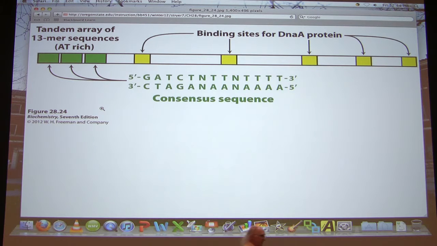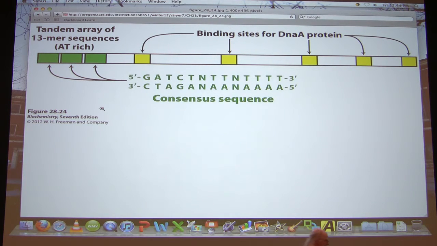In this case, you see 5 of those sequences that are present. And we are looking right now in a region of the overall chromosome called the origin. In the case of E. coli, it's called oriC.